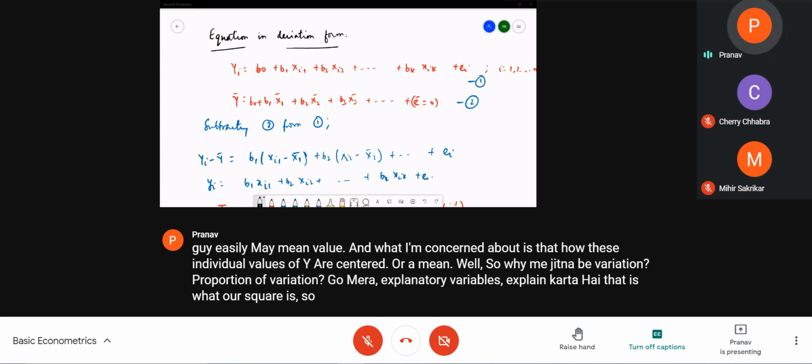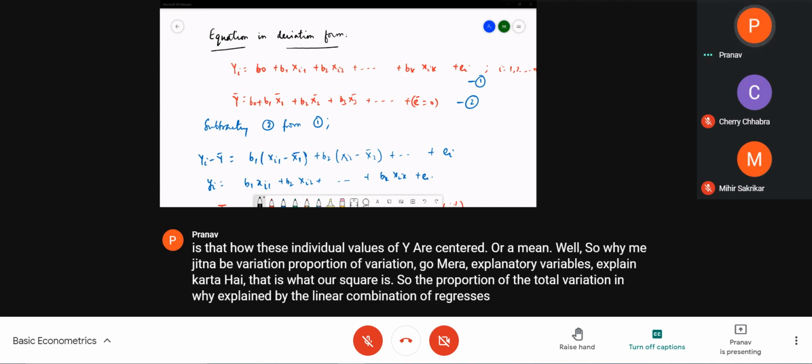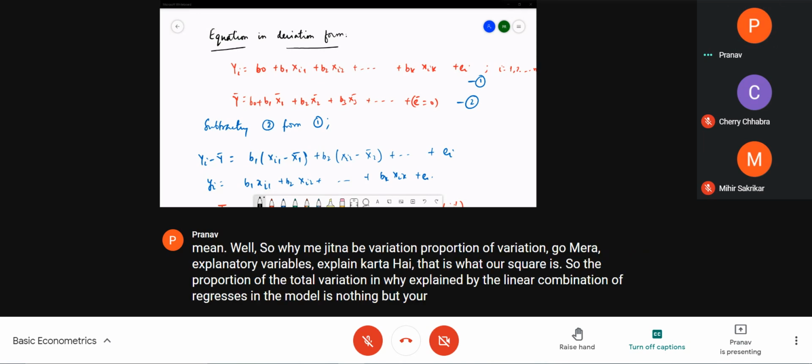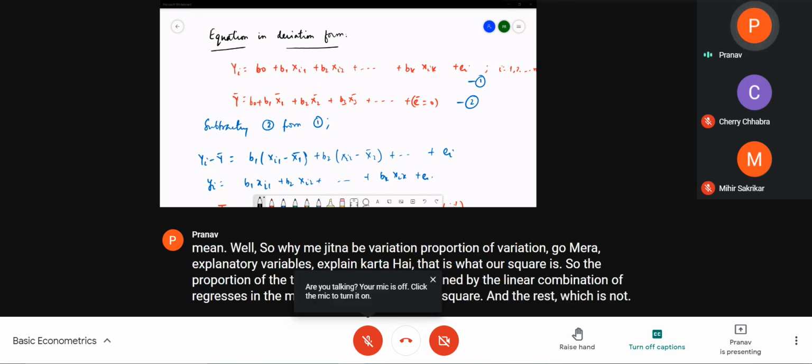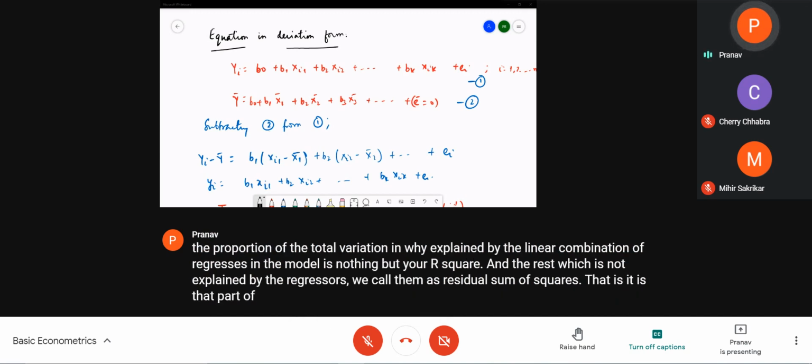So the proportion of total variation in y explained by the linear combination of regressors in the model is nothing but your R square. And the rest, which is not explained by the regressors, we call the residual sum of squares. That is, that part of variation in y which does not get explained by the linear combination of the regressors.